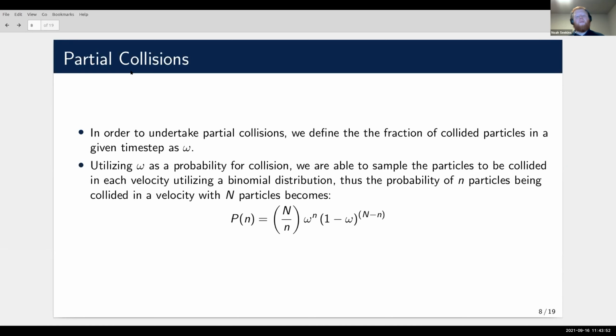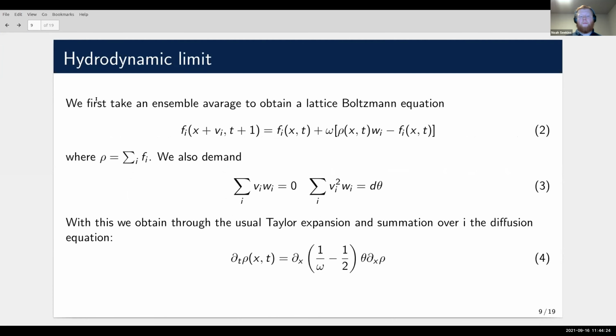Thus, the probability of n particles being collided in a velocity with a total of N particles becomes P(n) equals N choose n, omega to the n-th power, times 1 minus omega to the N minus n power, which is just your standard binomial distribution. This is specifically for under relaxation. We do not have over relaxation implemented in this system yet. But this allows us to look at the hydrodynamic limit.